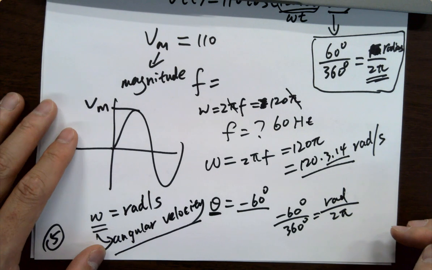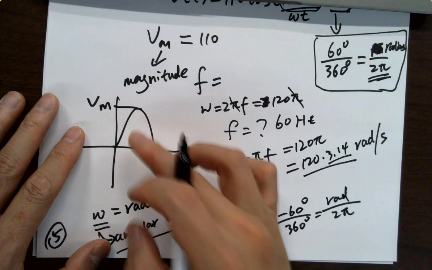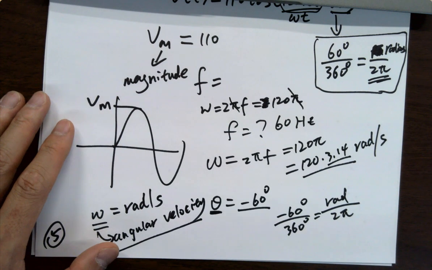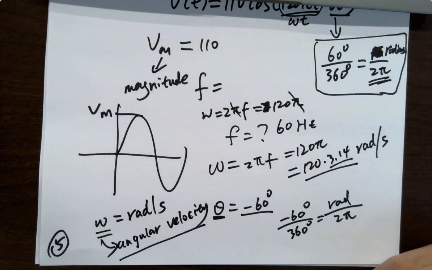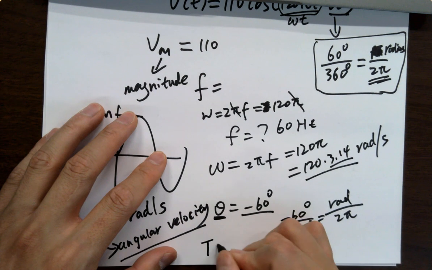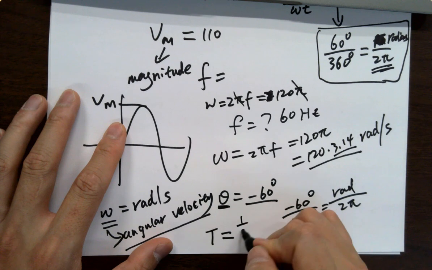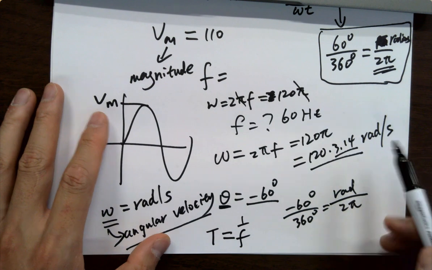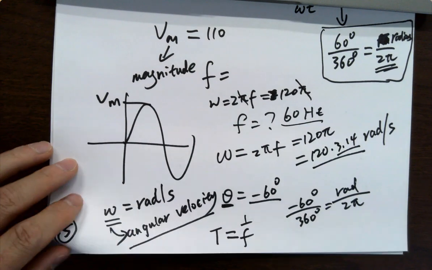Angular velocity, angular frequency. How many radians per second? What is t here? T is 1 over f. F is already calculated, so you can find out t easily.